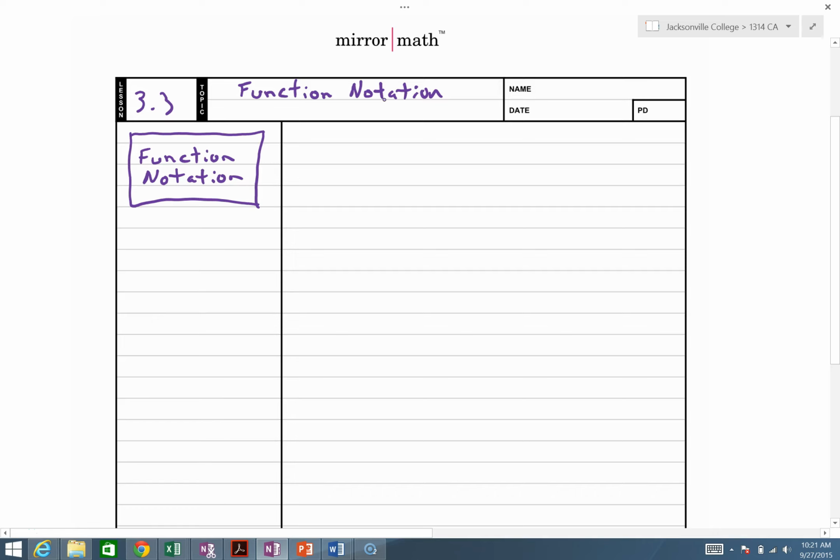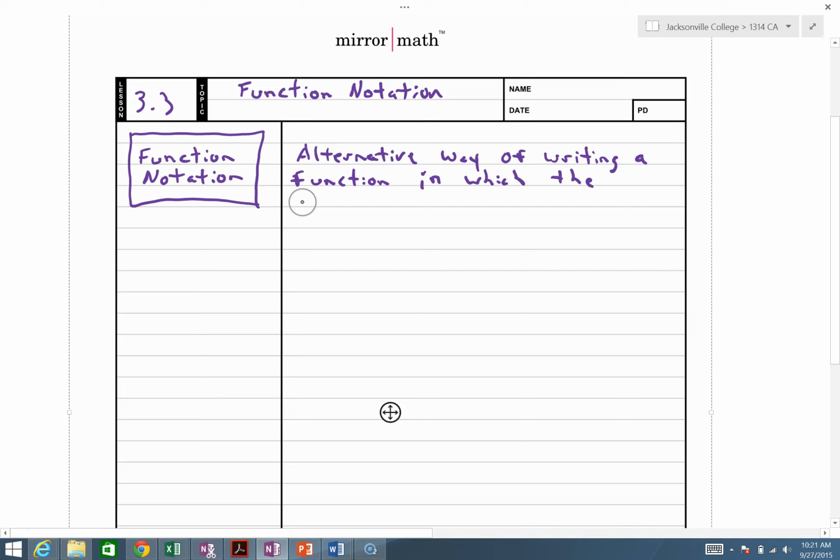Definition. Function notation is an alternative way of writing a function in which the dependent variable, and by the dependent variable we often use y.